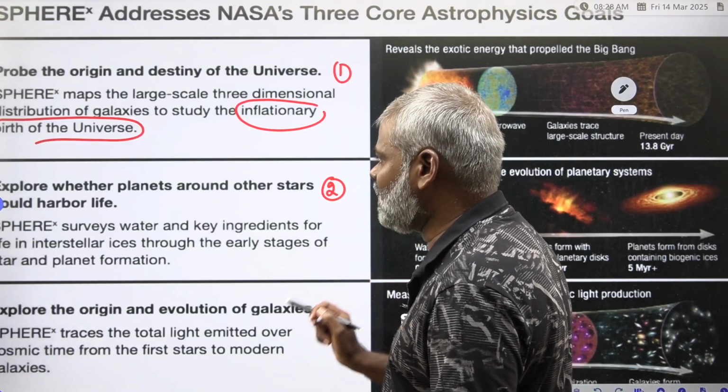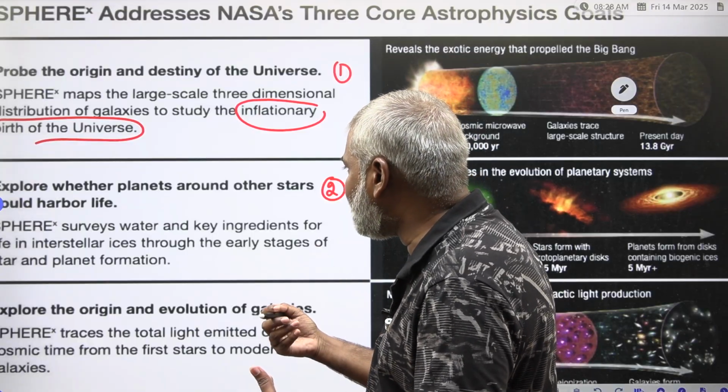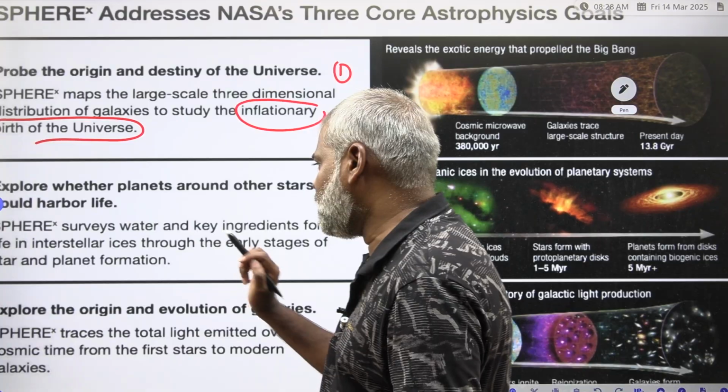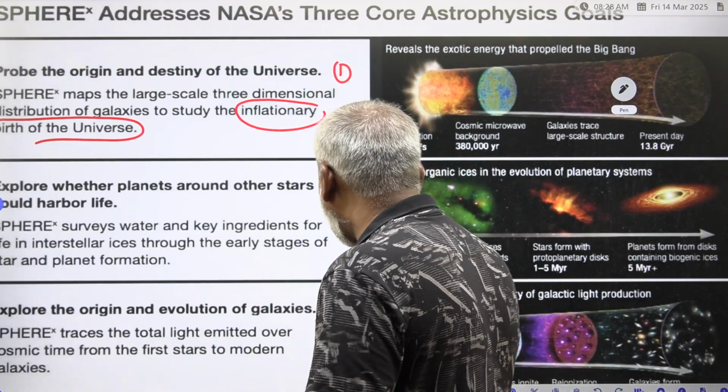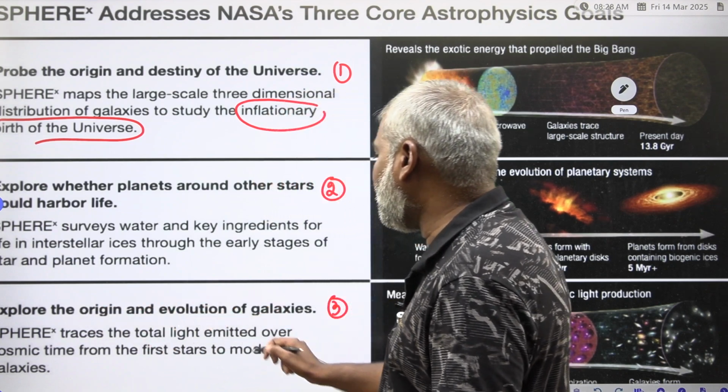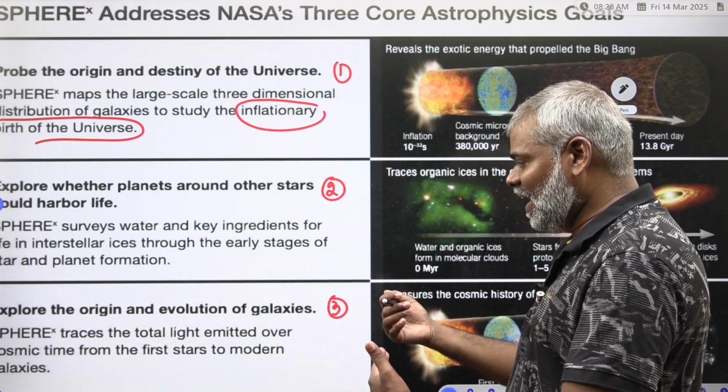They are going to get it. So, explore whether planets around other stars could harbor life. So these things can be managed. The third one, what is the third one? Explore the origin and evolution of galaxies.